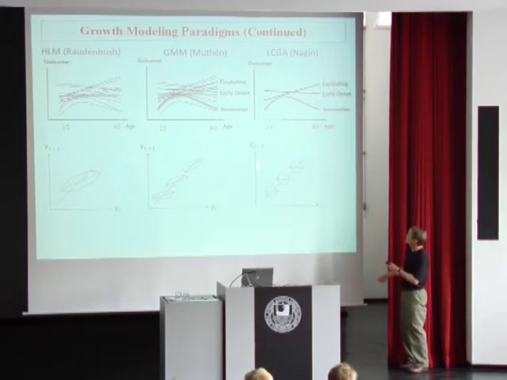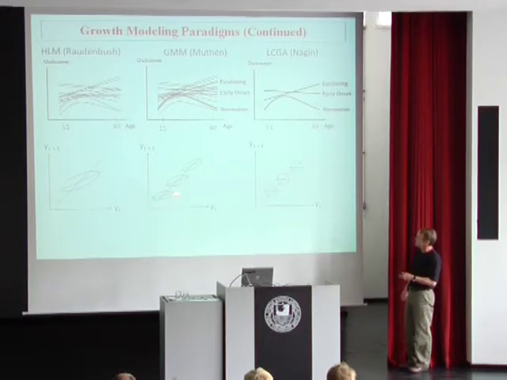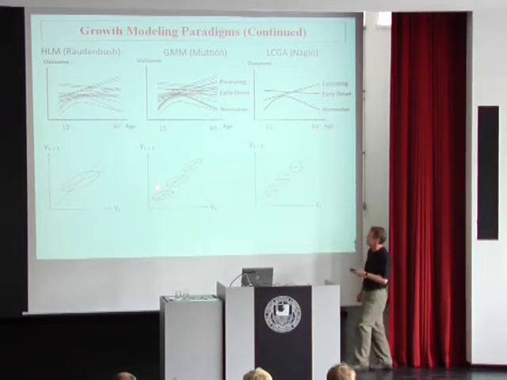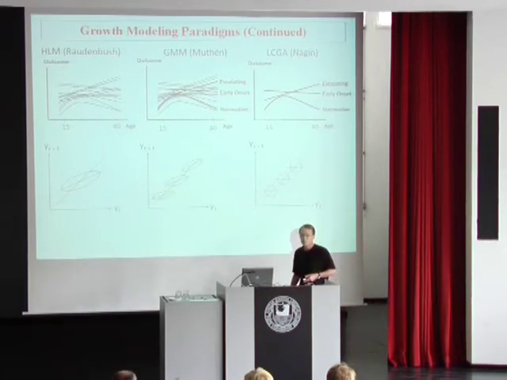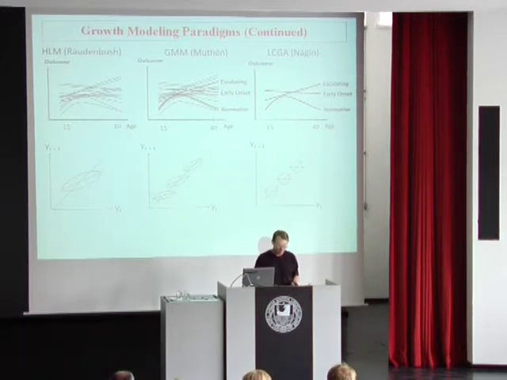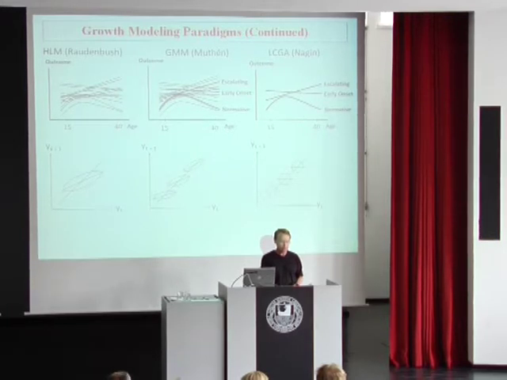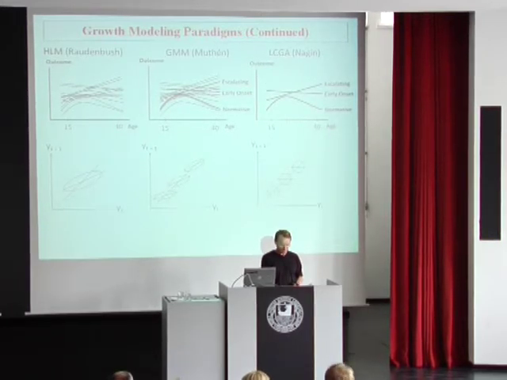And this model does not allow for that, whereas when you allow for factors within classes, as you do in GMM and as you do in FMA, you can allow for an estimate of within-class non-independence. So it's exactly the analogous situation as in the LCA, FA, and FMA context.